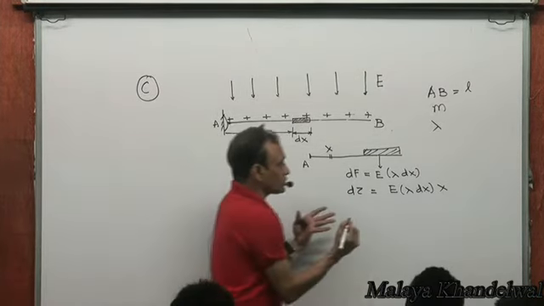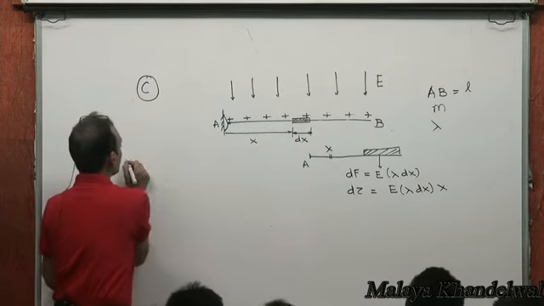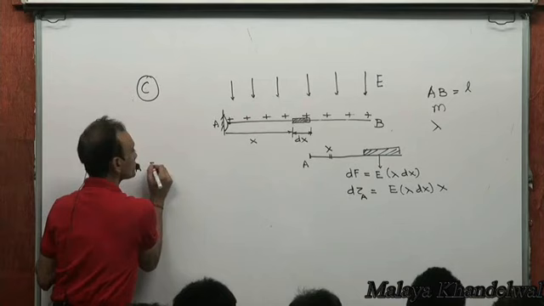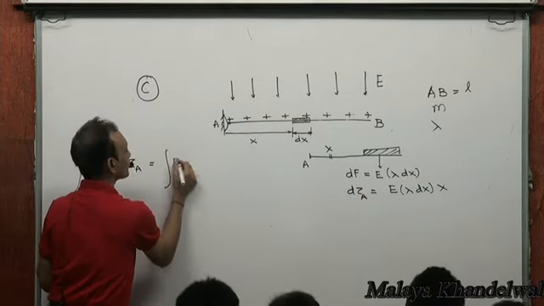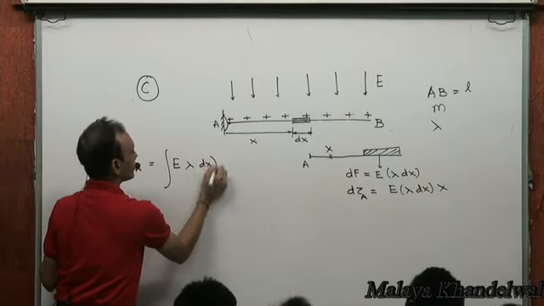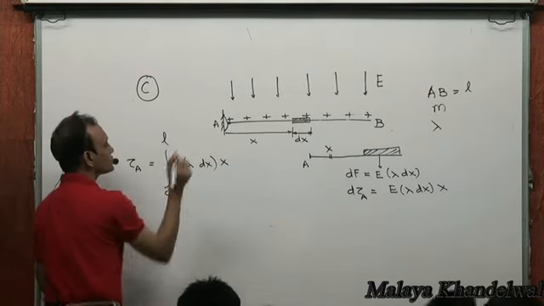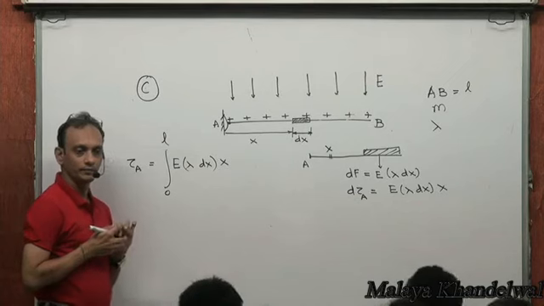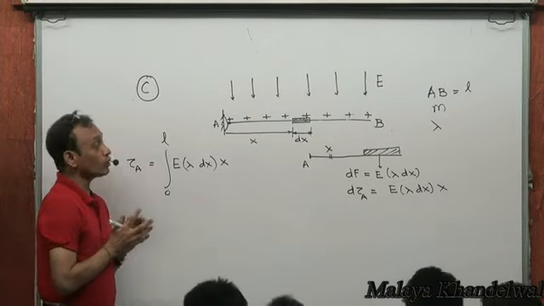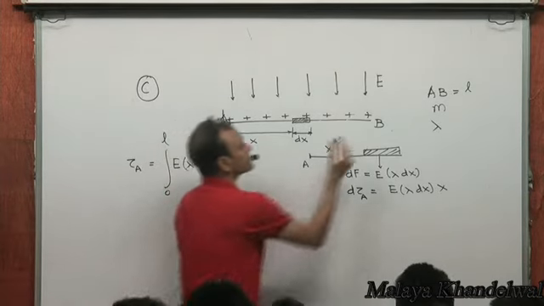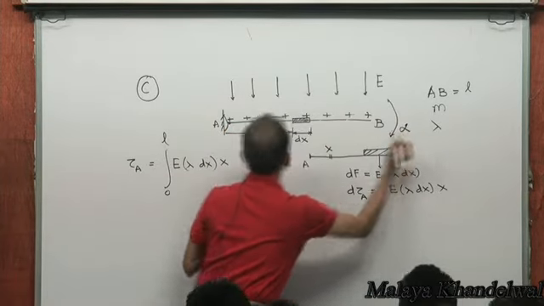The total torque experienced by the rod about A would be the sum of all of this, where x runs from 0 to L. That's the total torque experienced by the rod. And that's going to be I about A into angular acceleration alpha. It develops an angular acceleration alpha.